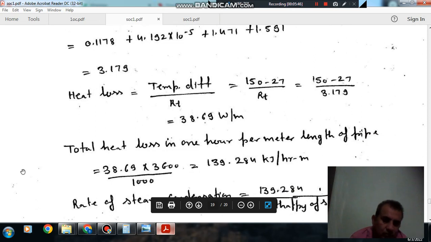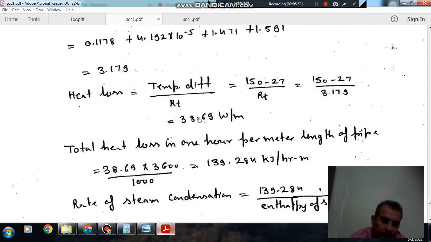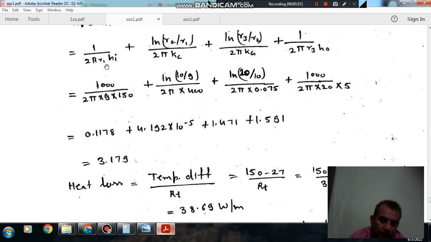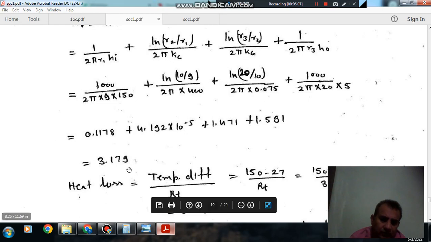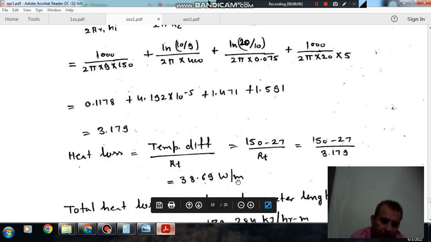So now that is the heat loss in watt per unit length, because we have not taken length here; we have taken L as 1 meter, so that is the heat loss in watt per meter.